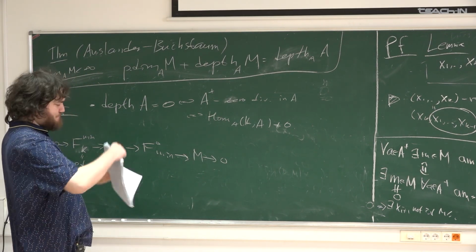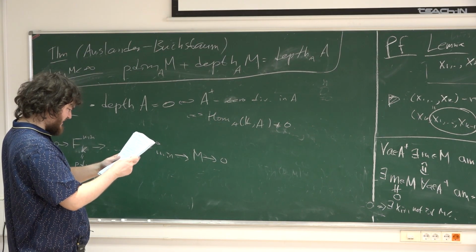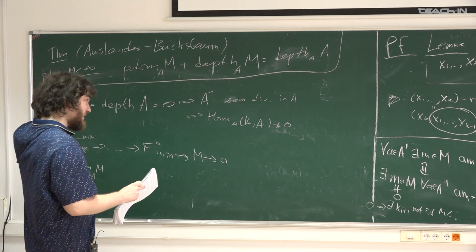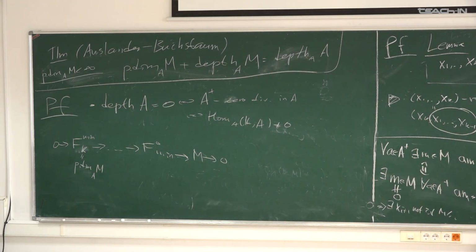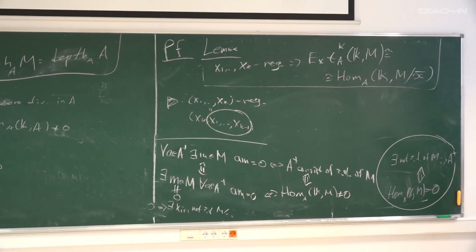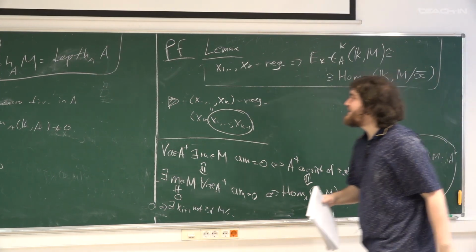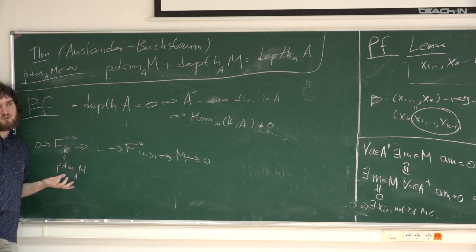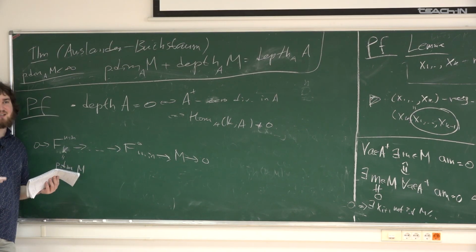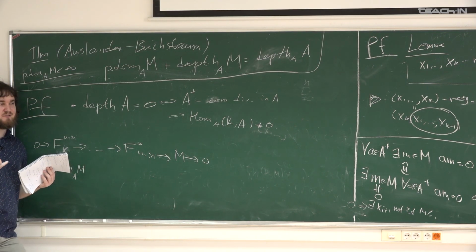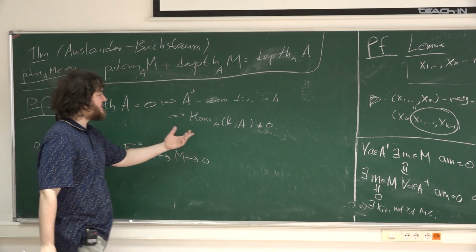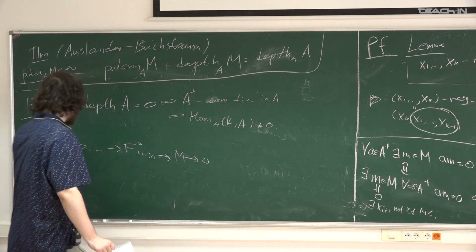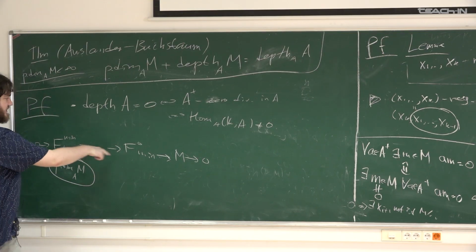If the projective dimension is 0, this means that M is a free module, and then it's obvious that the depth of M is also 0, because Hom from k to A is not 0, and then from k to any free module is also not 0, and from k to M is not 0 too.